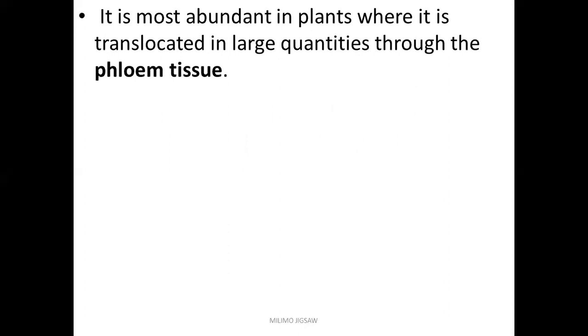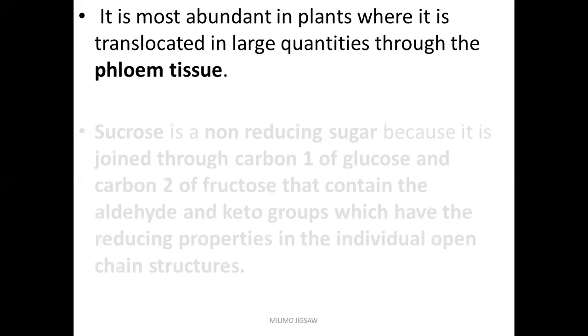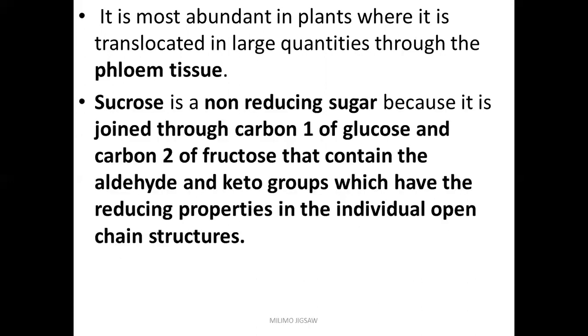It is also the sugar that most humans and other animals eat. Things like sugarcane are very rich in sucrose. In plants, it's most abundant, and it's translocated in large quantities through the phloem tissue.